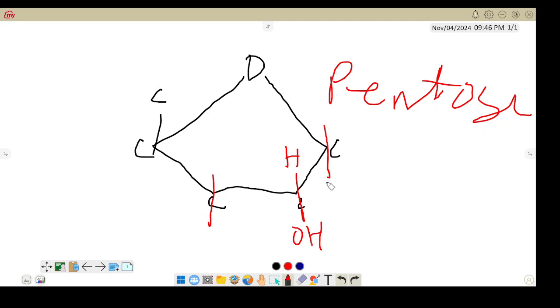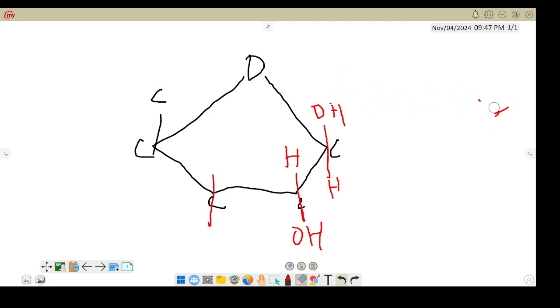Here we have hydrogen, hydroxide. As you are preparing for your exams, take note of everything we've tried to discuss. Remember, what does it mean when we have an alpha glucose? What is a beta glucose? What is L glucose, D glucose? All those you should be able to remember. This is why you have to study. I believe you are doing your best.